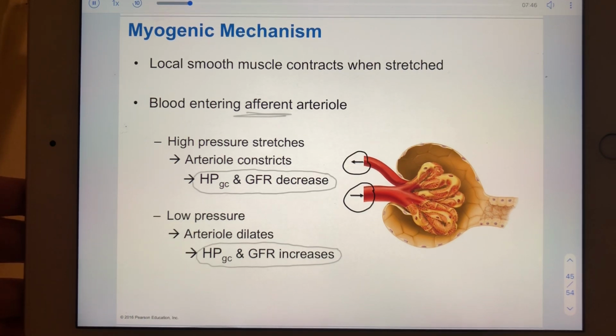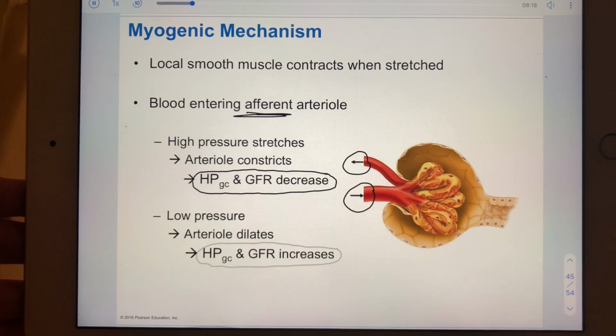All right. Well, when we have high blood pressure, the smooth muscle cells in the wall of the afferent arteriole will become stretched and in response will contract. And that contraction or constriction lowers hydrostatic pressure within the glomerular capillaries and therefore also lowers or decreases glomerular filtration rate.